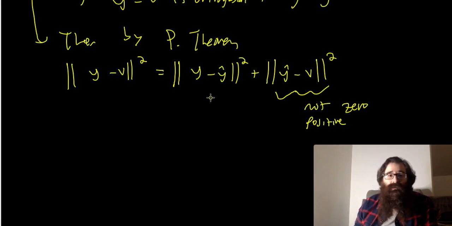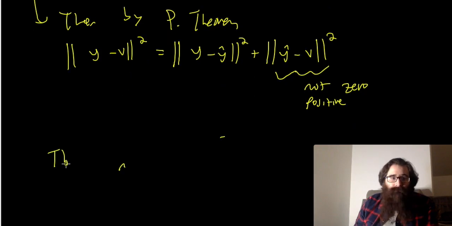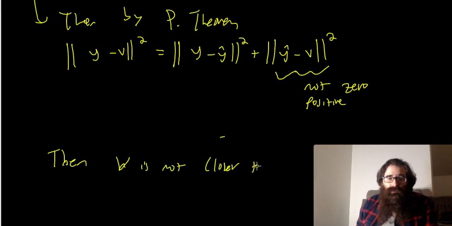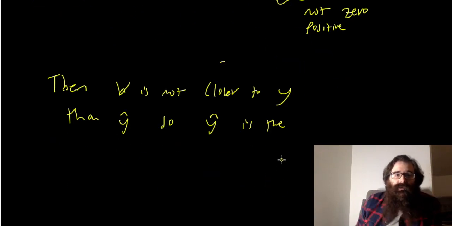Okay, that's not good. So I said that this was actually supposed to be a better approximation, but it isn't. Well, so then we can say, then v is not closer to y than y hat. So y hat is the best approximation.